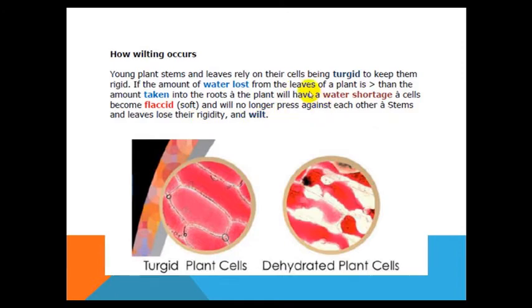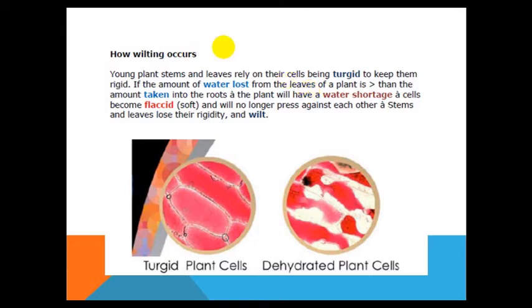This happens especially when you have a garden at home. You used to water your plants every evening. For example, you forgot to water your plant for the past 2 or 3 days. You will start to notice that your plant starts to wilt.